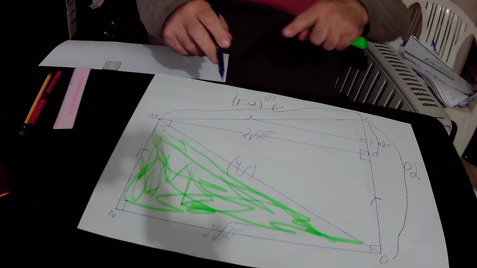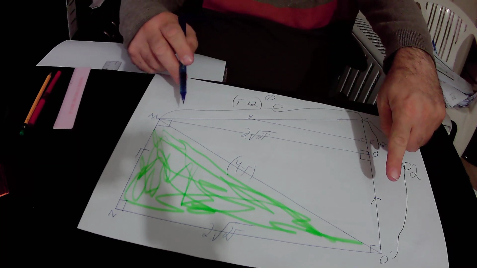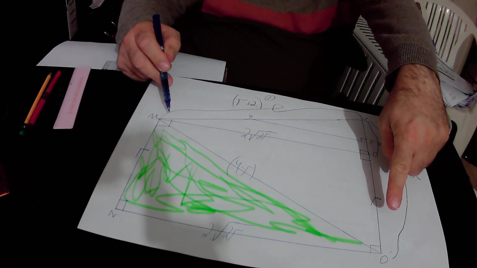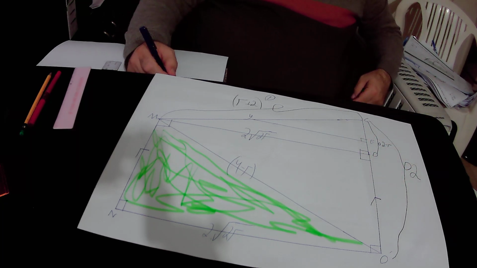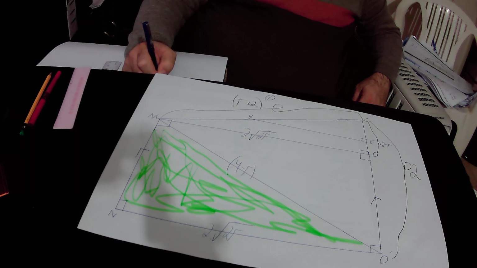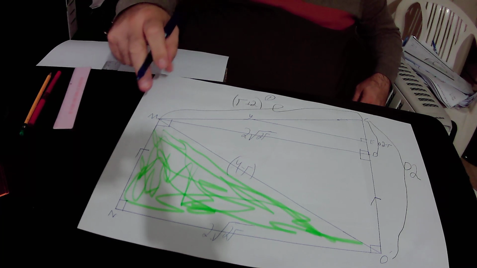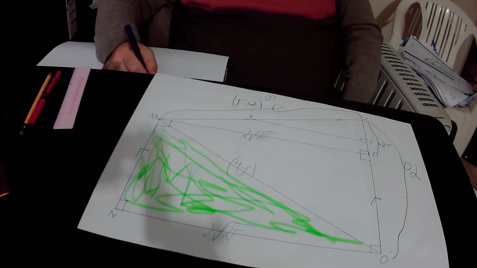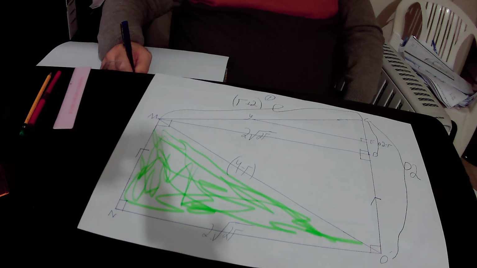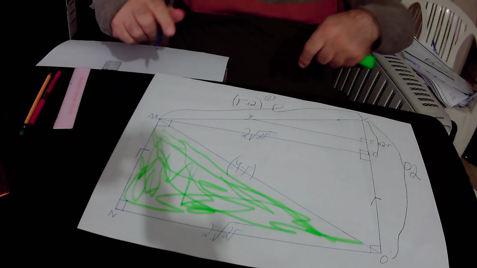The hypotenuse in the green right triangle is MO, therefore the square of the hypotenuse is MO square, and it equals the sum of the squares of the perpendiculars. This is to say, it equals MN square plus NO square.